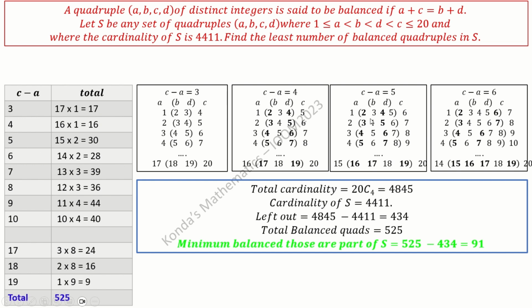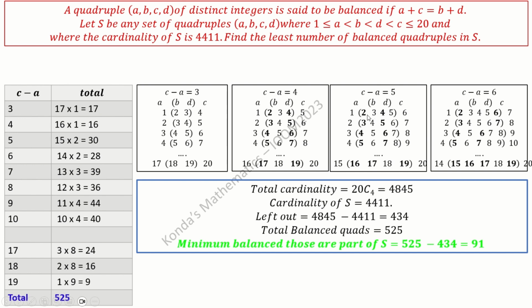Once you start doing this, you will start seeing a pattern, and we will write based on the pattern. So here for 5 difference, C minus A is 5, 1 and 6 are the A and C, B and D are 2, 3, 4, 5. In this case, two possible options are there.